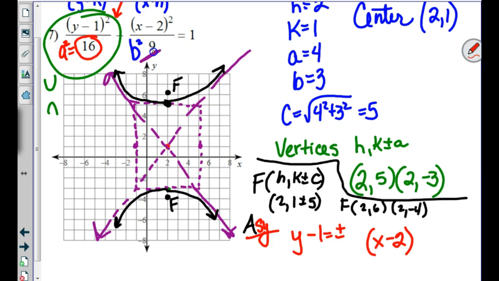So it should be a over b this time, yes? Not 16/9, that's 4/3. And you should be able to tell that that's what your slope did. It went up 1, 2, 3, 4, and over 1, 2, 3 for the box. Yes. Okay, so I thought it opened sideways. If it opens sideways, it's b over a.